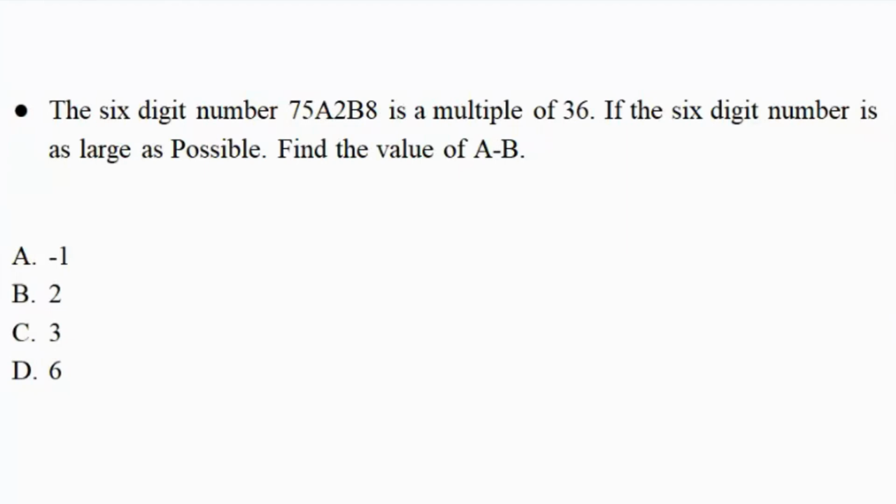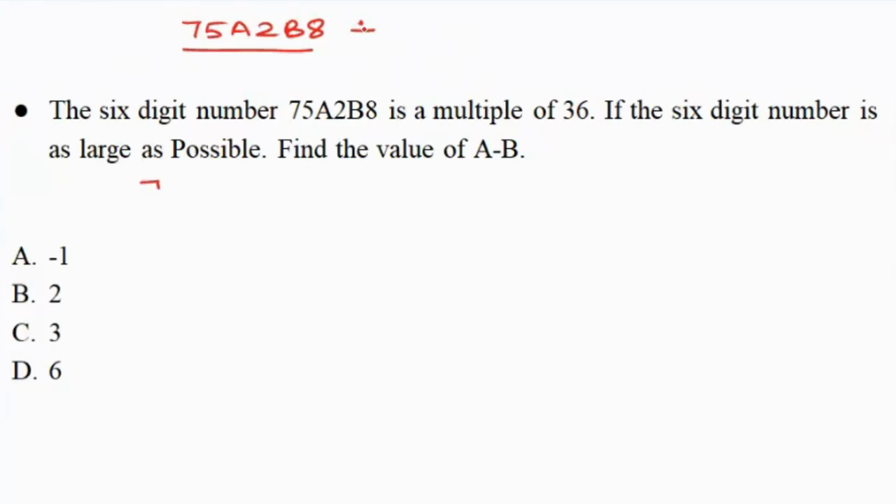Okay, everyone. The next question we have right now is a 6-digit number, which is 75A2B8, and that is a multiple of 36. Multiple of 36 means that this number is completely divisible by 36.